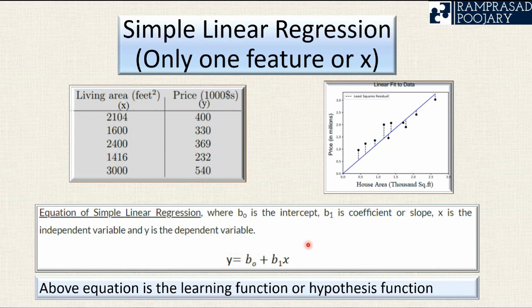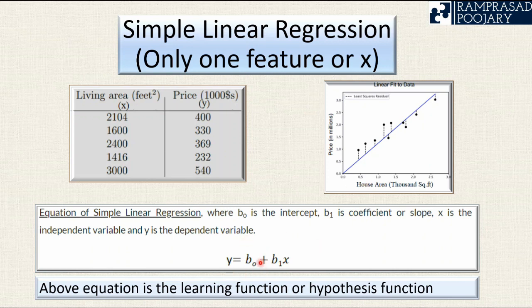This is the function which we have studied in maths: y equal to b naught plus b1x. Normally we write it as y equal to mx plus c, where m determines the slope, and c is the intercept, which changes the origin.